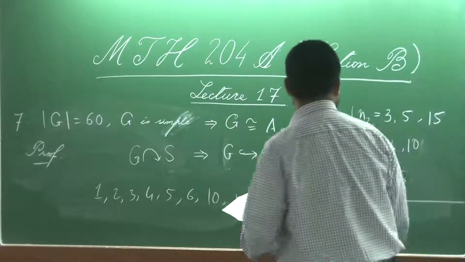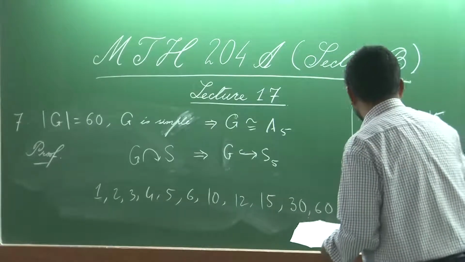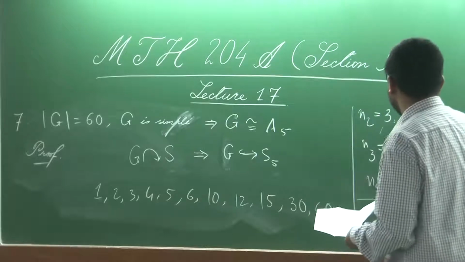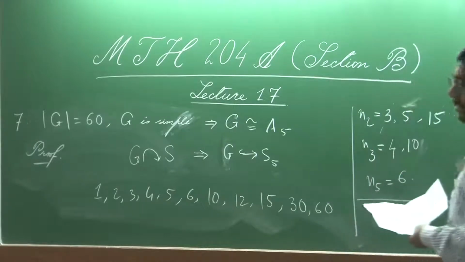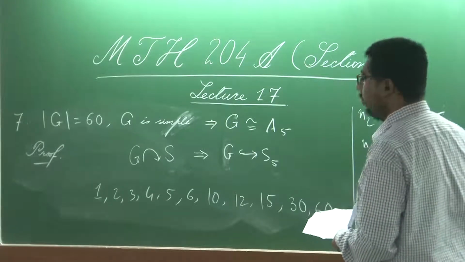Now, you see that if I can assure that N2 cannot be 3 or 15, then it forces that N2 has to be 5, and then I will be done. So, let us try to see whether we can do it or not. First of all, let us work out this possibility: can N2 be 3?